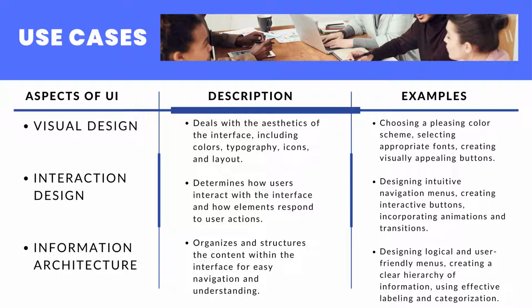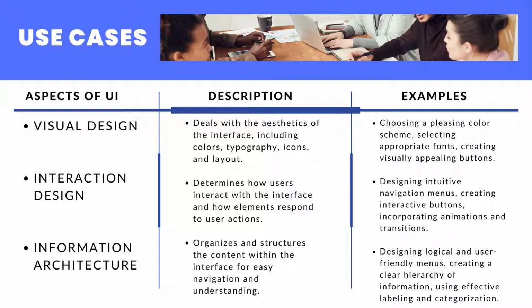We'll come to examples. Let's say we're choosing a pleasing color scheme, selecting appropriate fonts, and creating visually appealing buttons. These are all examples of visual design. The next use case is interaction design.